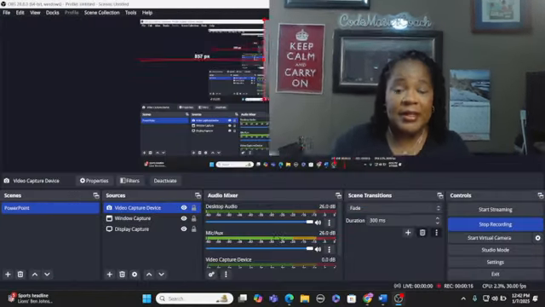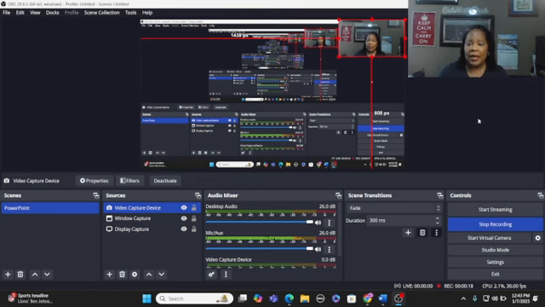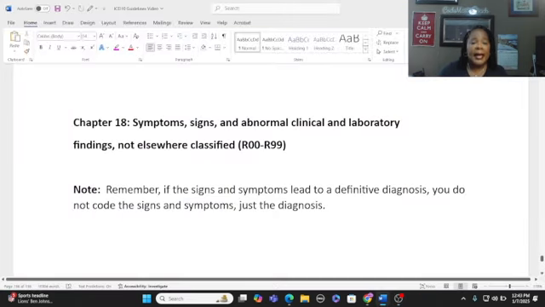Guys, today we're continuing our review of the 2025 ICD-10-CM official coding guidelines. Let's start back where we stopped last week, at Chapter 18, Symptoms, Signs, and Abnormal Clinical and Laboratory Findings Not Elsewhere Classified.